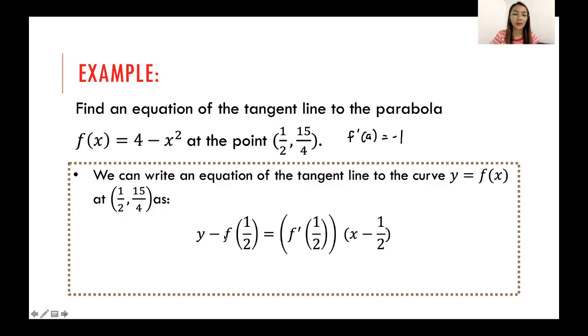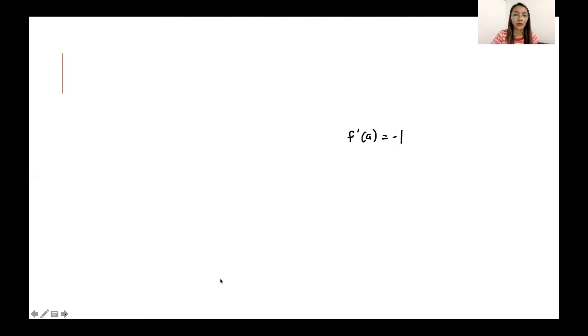We have y minus f of 1/2 is equal to f prime of 1/2 times x minus 1/2, where f prime of 1/2 is negative 1, and f of 1/2 is 15 over 4. Ang f of 1/2 po is the y value, which is 15 over 4.